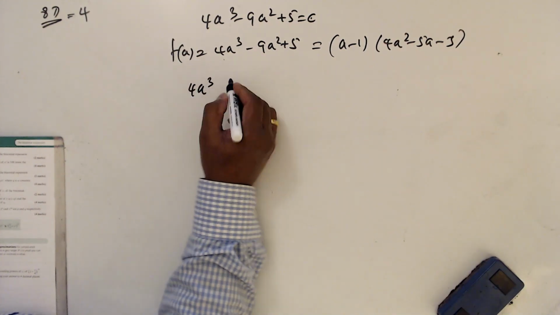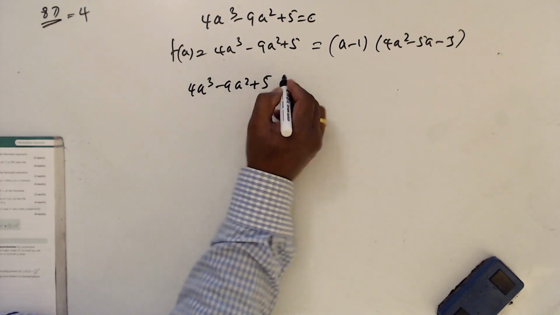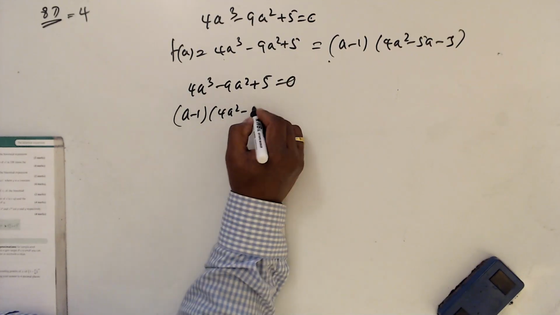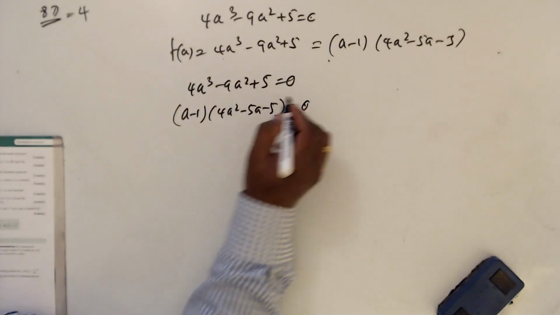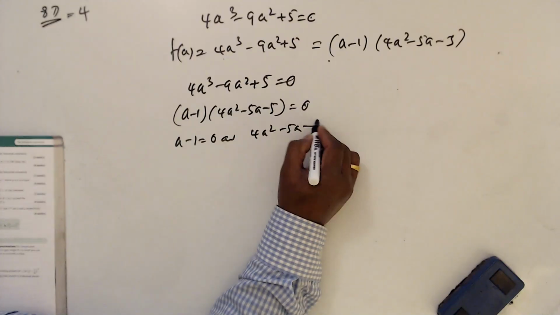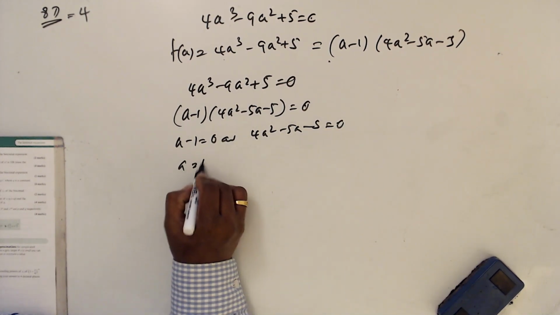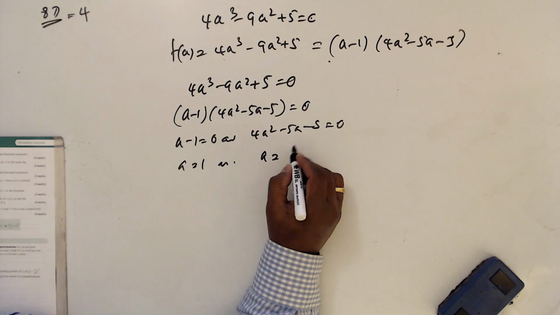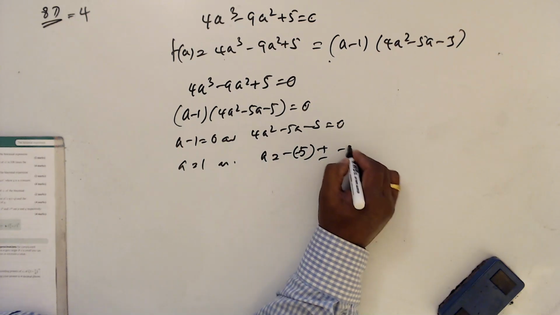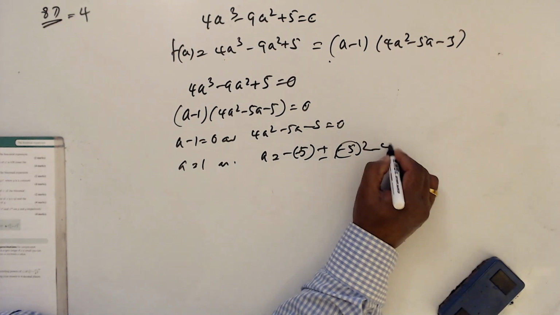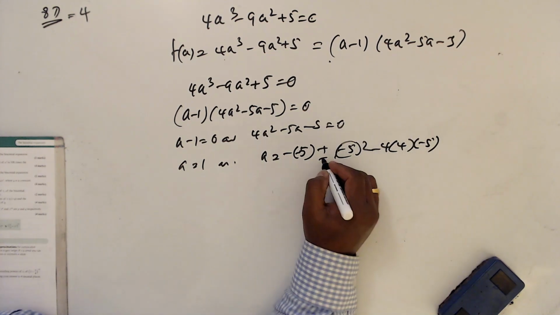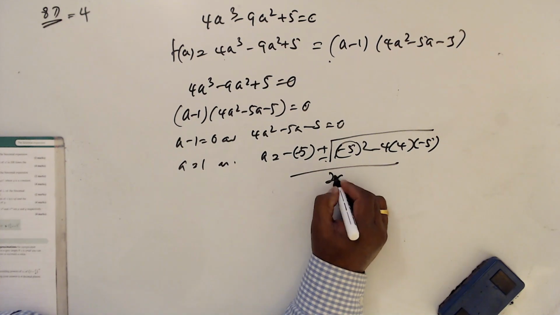So I can write this one as a minus 1 times 4a square minus 5a minus 5. Then 4a cube minus 9a square plus 5 equals 0. We break into a minus 1 times 4a square minus 5a minus 5 equals 0. Then a minus 1 equals 0 or 4a square minus 5a minus 5 equals 0. So a equals 1. No, this is going to be a equals minus b plus or minus the square root of minus 5 square minus 4 times a times c, where c is minus 5, divided by 2 times 4.